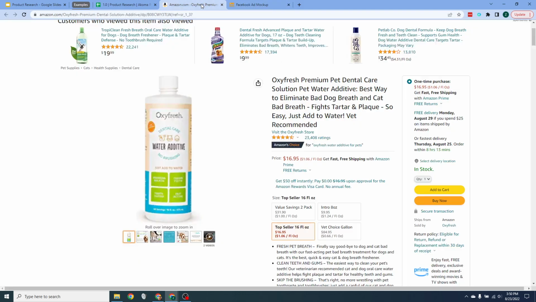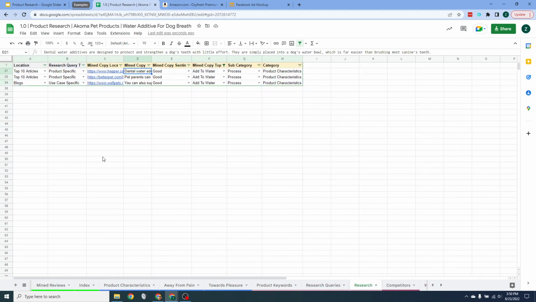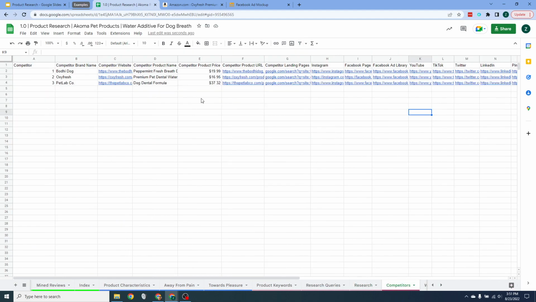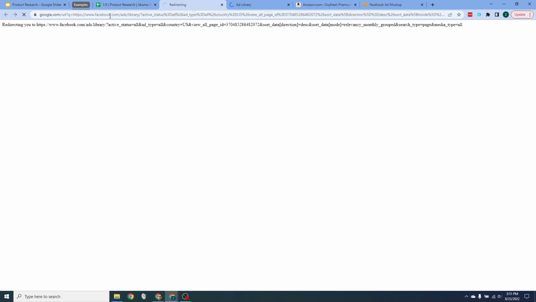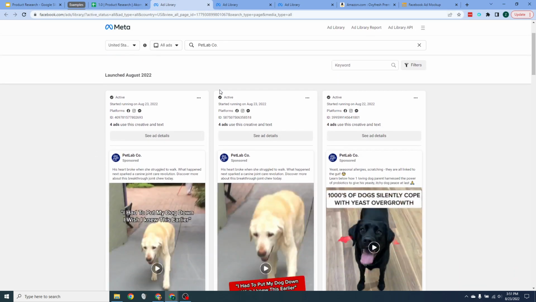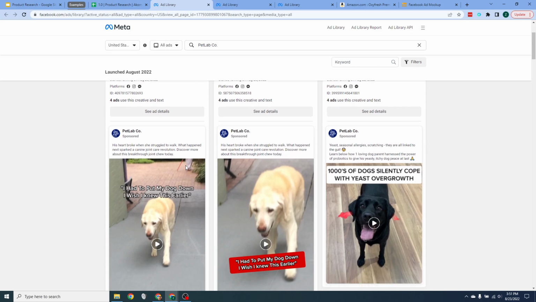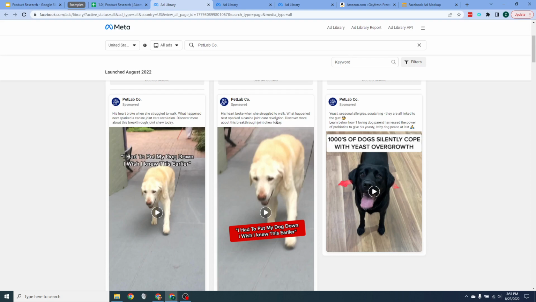So the other thing too is just to take a look at what the competitors got going on. So in the competitors tab, we've got links to their ad libraries. Oh wow, so really emotional, like talking about putting the dog down.